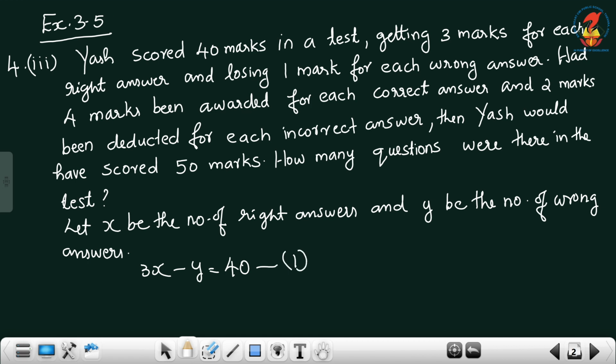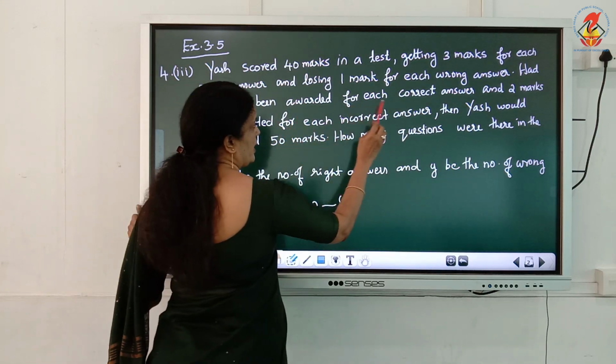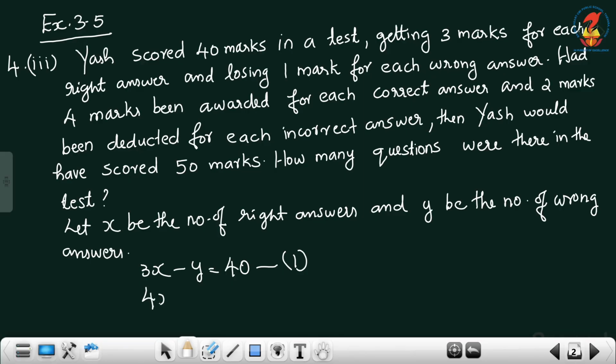In second case, had 4 marks been awarded for each correct answer, that means 4x minus how many incorrect answers? y incorrect answers, 2 marks deducted for each incorrect answer, 2y equal to 50.